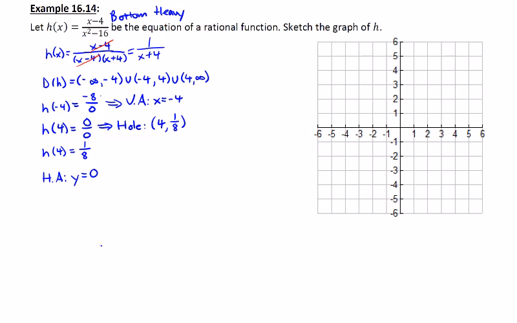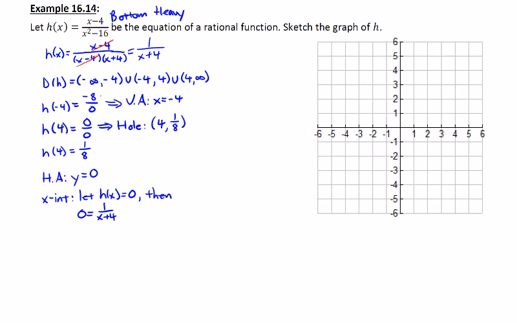For your x-intercept calculation, we will be expected to take h of x and let it be equal to 0. It is important that when you do your x-intercept calculation for one of these type rational functions, that you use the simplified version of the equation. So we're going to use 1 over x plus 4 and set that equal to 0.